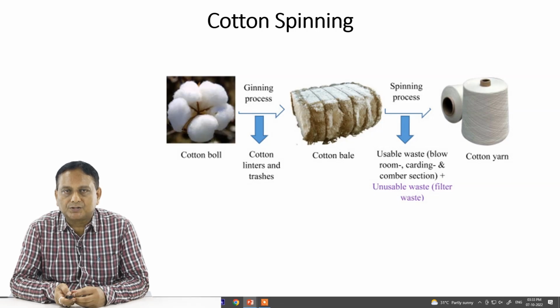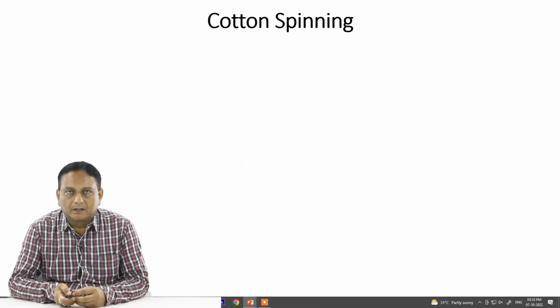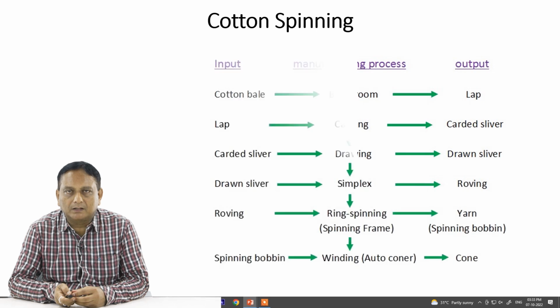When you do the ginning process, linters or some trash will be generated, then the cotton bale will be there, and we have seen the different machineries by which it is converted by the spinning process into cotton yarn. Those processes we will see in this particular lesson. Let us see what the different processes involved are and what the different outputs are.